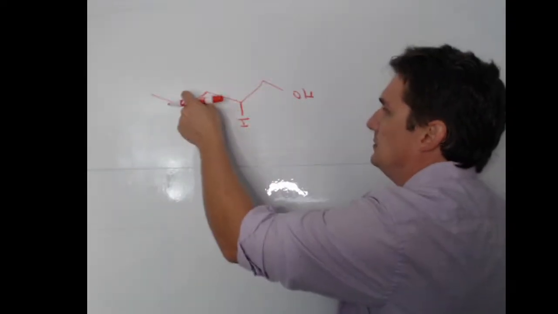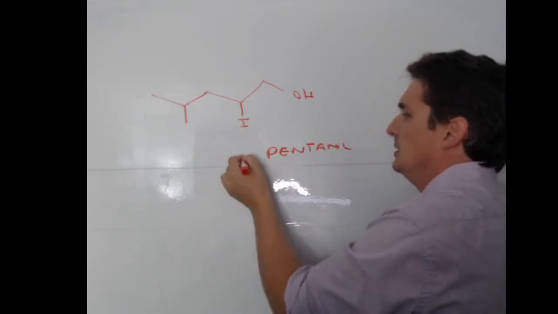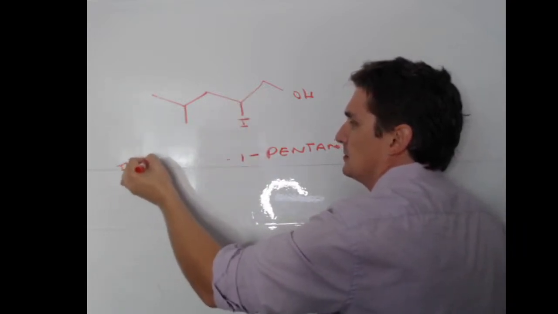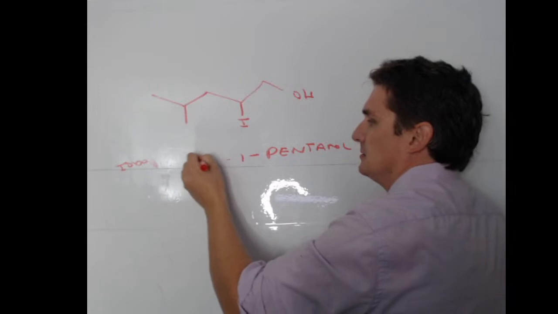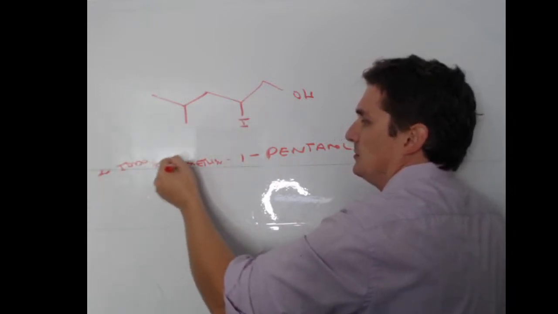So we have 1, 2, 3, 4, 5. So we've got a pentanol. And it's going to be the first one. And then we've got iodo, methyl. So 2 iodo, 4 methyl.